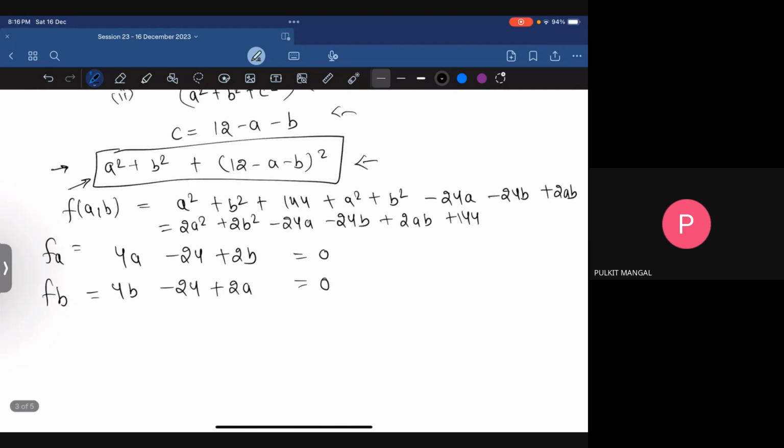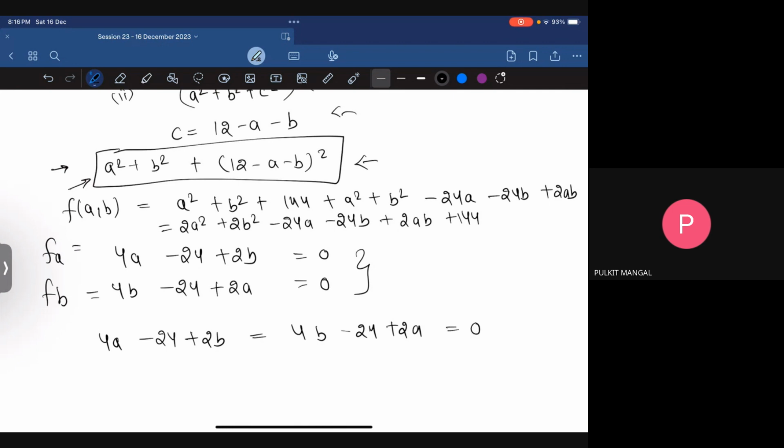Now, their RHS is the same, 0, so I can put 4a minus 24 plus 2b equal to 4b minus 24 plus 2a.